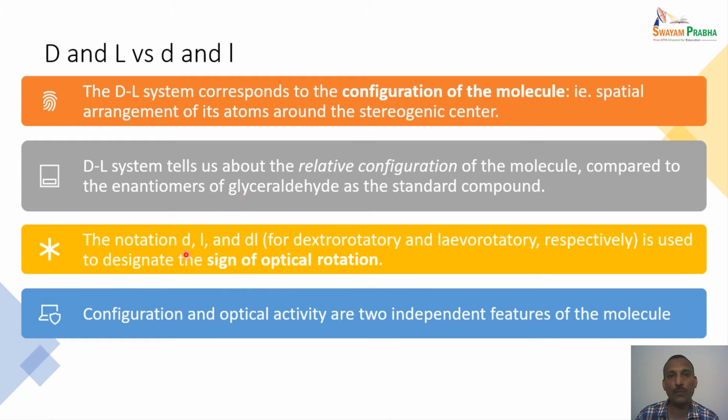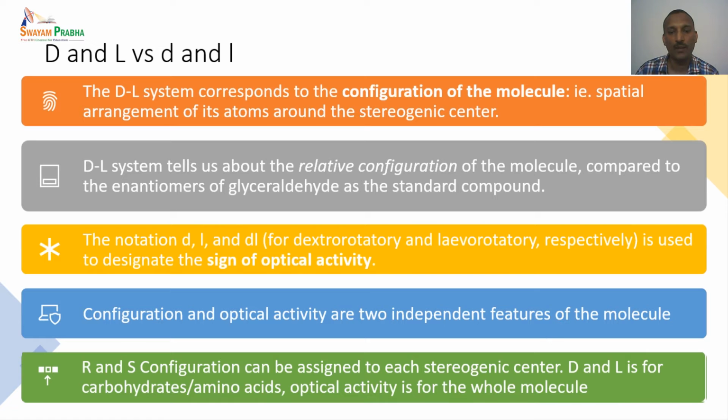Now, you have to remember this very importantly. The configuration and optical activity are basically two independent features of a molecule. They are in no way related to each other. The configuration can be assigned to a stereogenic center.